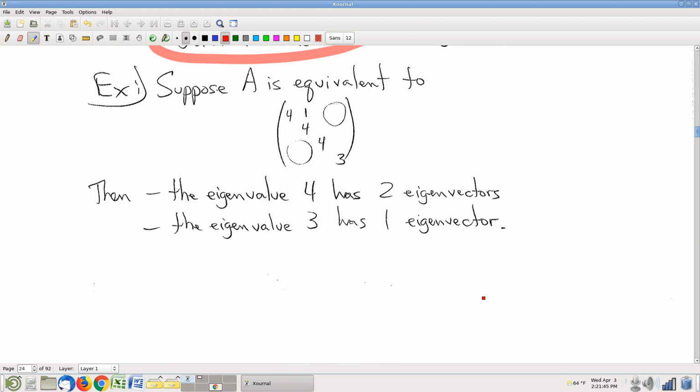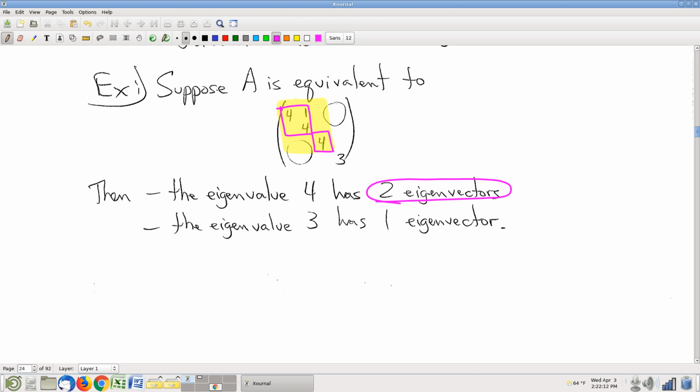So, for example, let's look at this example here. Let's outline our Jordan canonical form. There's an eigenvalue block. Let's look at that first eigenvalue block first. There are 2 basic Jordan blocks, and therefore this eigenvalue has 2 eigenvectors. Eigenvalue 4. There's an eigenvalue block for 4. 2 basic Jordan blocks, 2 eigenvectors.